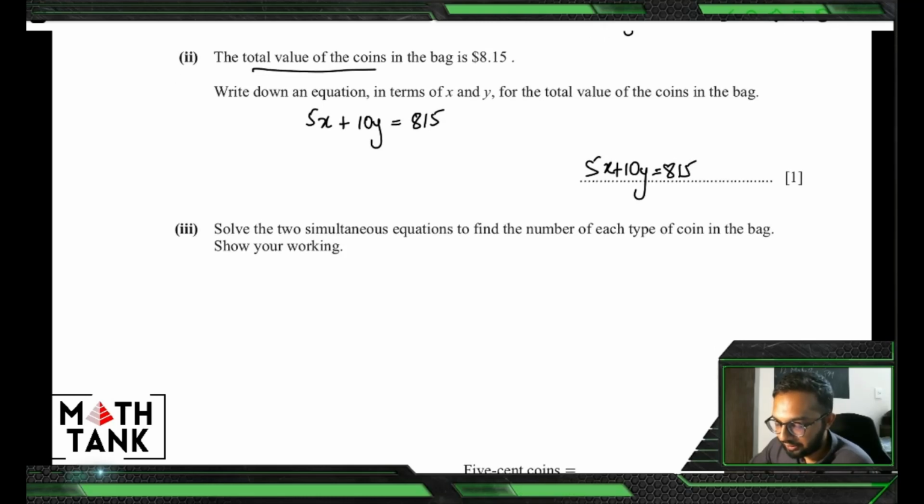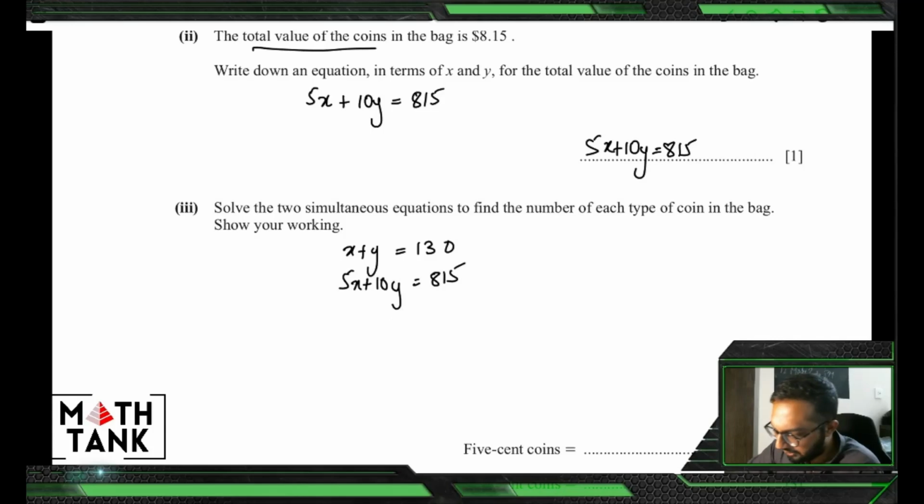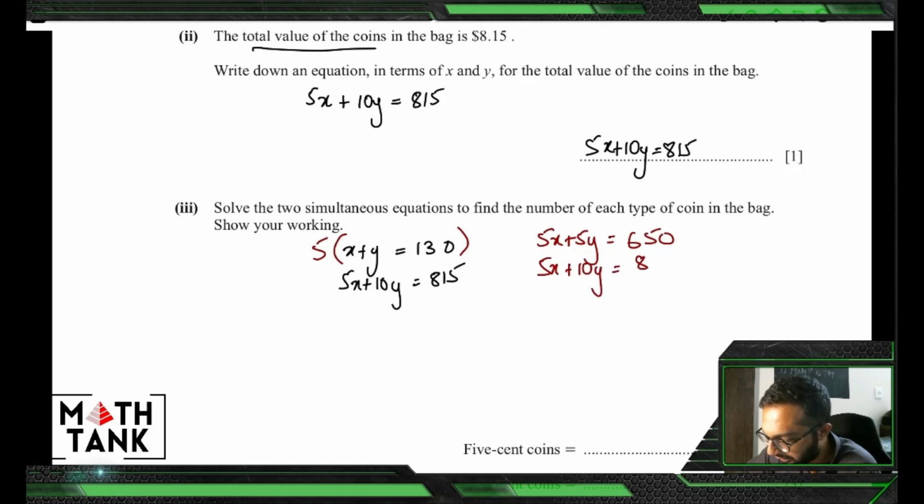Let's solve the two simultaneous equations to find the number of each type of coin in the bag, showing your working. So x plus y equals 130 and 5x plus 10y equals 815. I will probably do an elimination because this looks easy. 5x plus 5y equals 130 multiplied by 5, which is 650. 5x plus 10y equals 815.